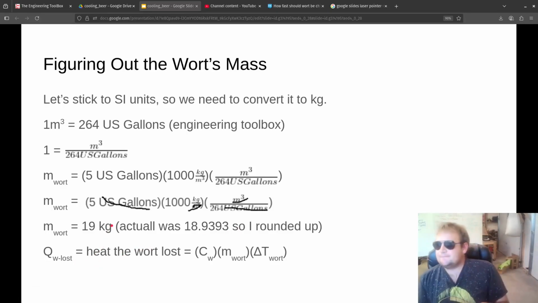With all that, we can now use equation 2 as laid out in a previous slide to calculate the heat the wort lost as the specific heat of water. Again, there's that assumption. The mass of the wort, just calculated here, and the temperature change of the wort, which we also defined as going from 100 degrees Celsius to 30 degrees Celsius.